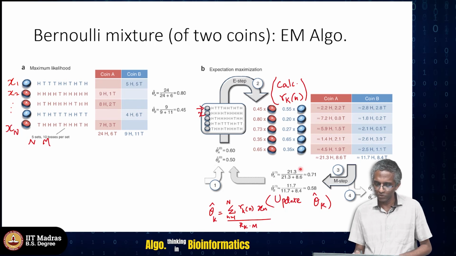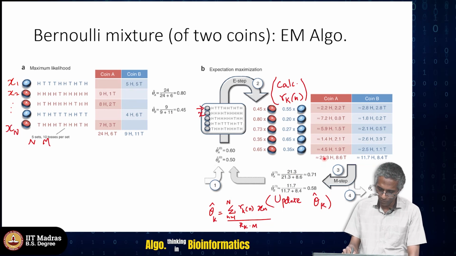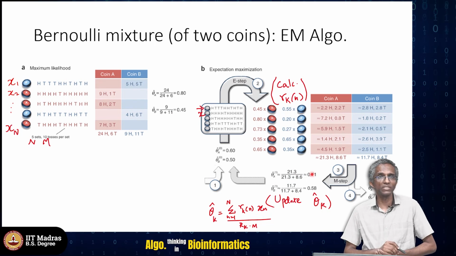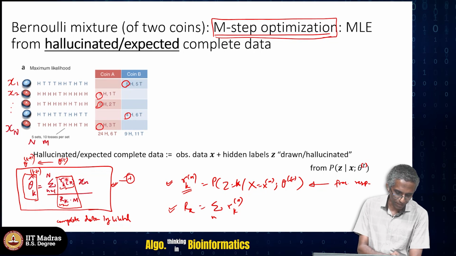Out of all those, 21.3 come up to be heads. So, this equation here adds up all of this to get 21.3 and adds up all these fractional numbers to get 8.6, and this 21.3 divided by 21.3 plus 8.6, this normalized value, which turns out to be 0.71, is exactly the formula that we showed here, this sum over n of rk of n times x n divided by the sum of rk of n times m.